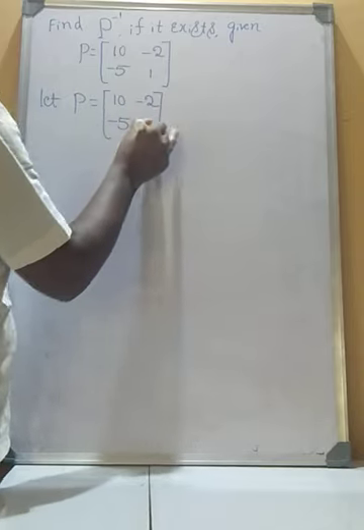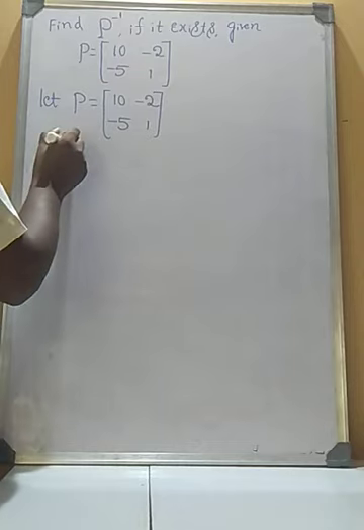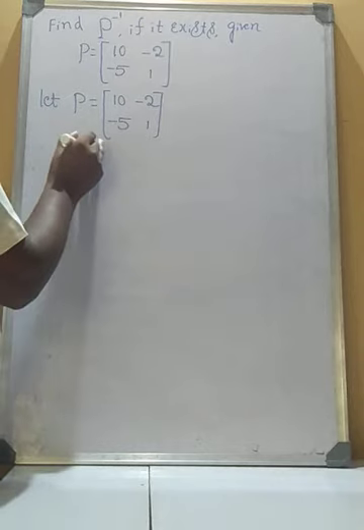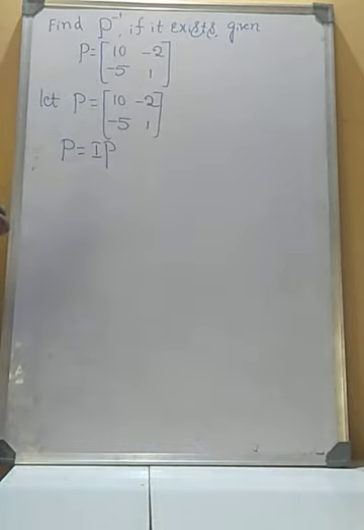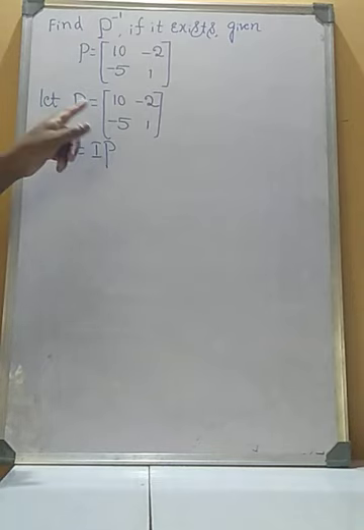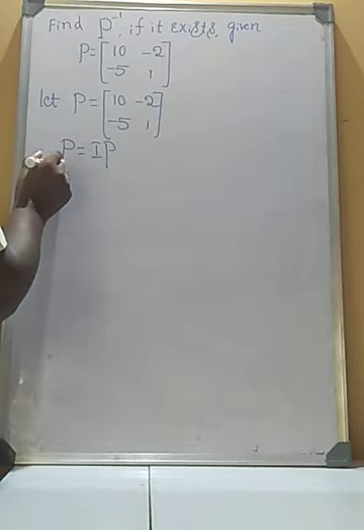So given matrix P, by using row operation, a given matrix can be written as P is equal to I P. Suppose by using column operation, P equals P I. Now by using row operations, what is P?